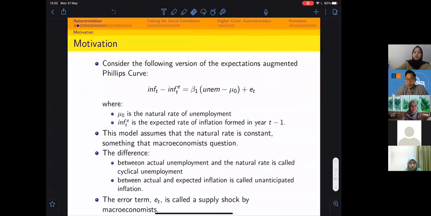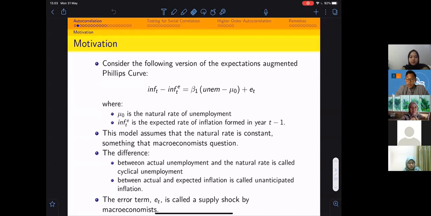So in the previous week, we discussed the Phillips curve, and in particular, the expectations augmented Phillips curve. If you remember from the lecture last week, if we just regress inflation on unemployment in a contemporaneous manner, then we would obtain a positive relationship between inflation and unemployment, which is quite different from what the theory posits.